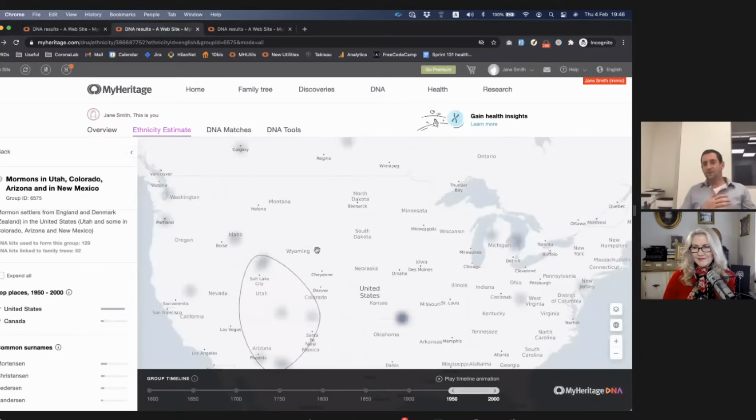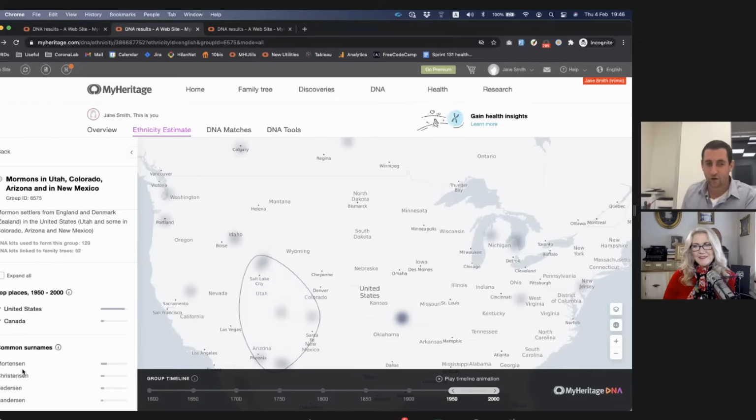So when we look at the story, I hope that it comes across well with the screen share. But you can see really the story and how people moved between different places from the 1600s, where most of them were living in England, and how they gradually migrated to the eastern coast of the US, and then gradually moved to the west throughout the centuries.